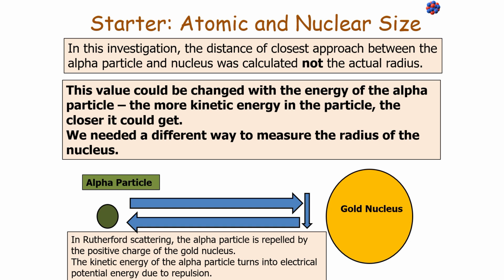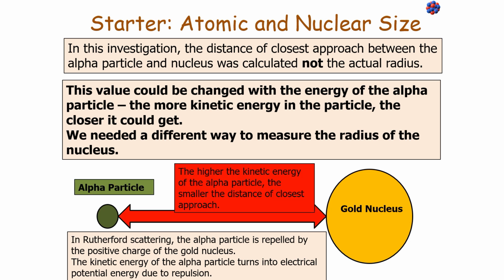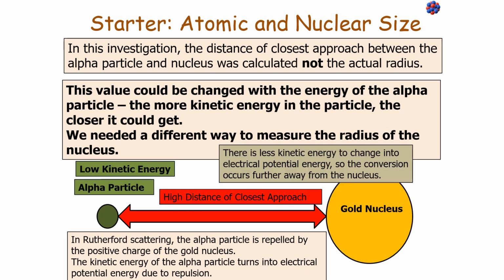So we need a different way to measure the radius of the nucleus, because if we have a higher kinetic energy in our alpha particle, the nuclear radius in this instance will be smaller because the distance of closest approach will be smaller. So you get a large distance of closest approach if you've got a low kinetic energy in your alpha particle, because there's less kinetic energy to change into electrical potential energy, so the conversion occurs further away from the nucleus.